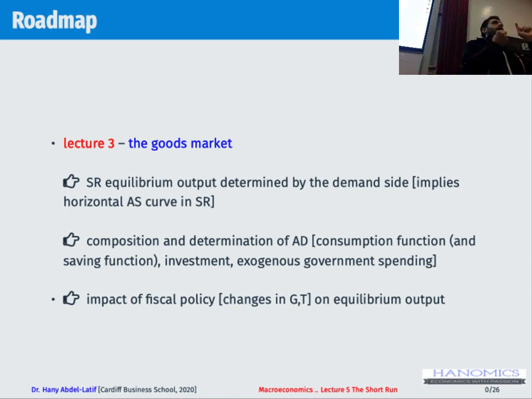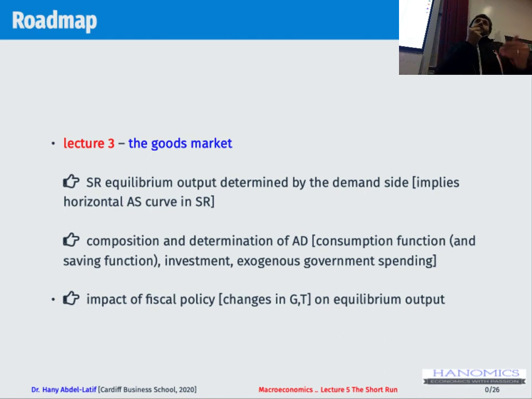We treated investment and government spending as exogenous variables, as given. Today we'll change this. Government spending will continue to be exogenous, but what we're going to change is investment.